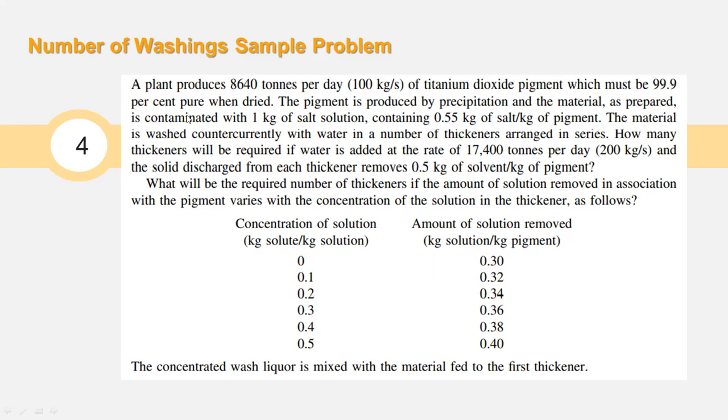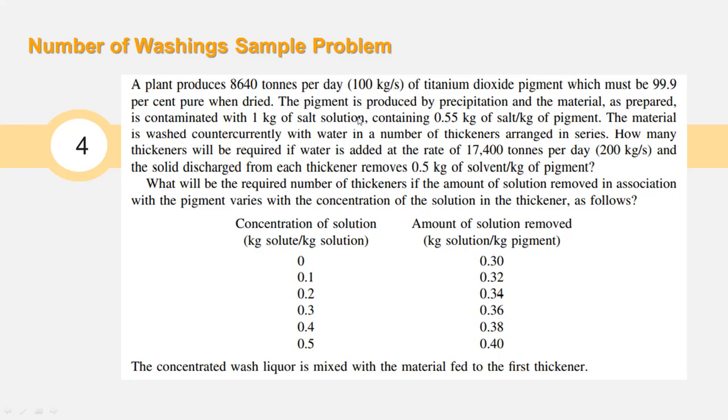So this is the plant that produces 100 kilograms per second of titanium dioxide pigment, which must be 99.9% pure when dried. Just like any leaching process, the solid to be processed will undergo drying to ensure that whatever remains is just the solute and the inert solid.